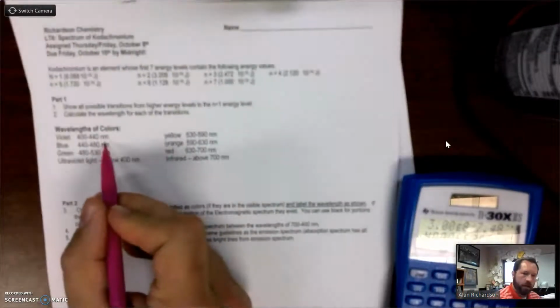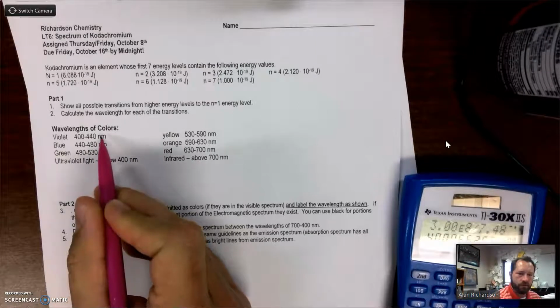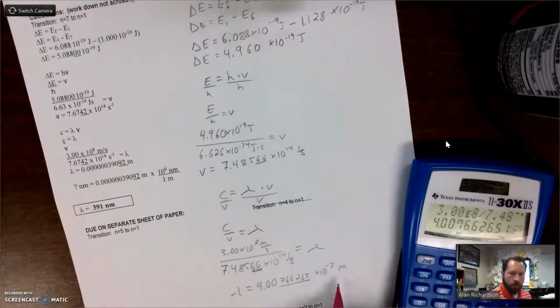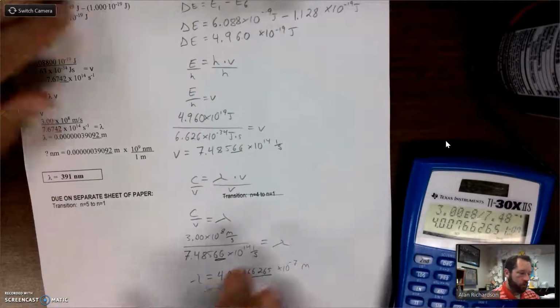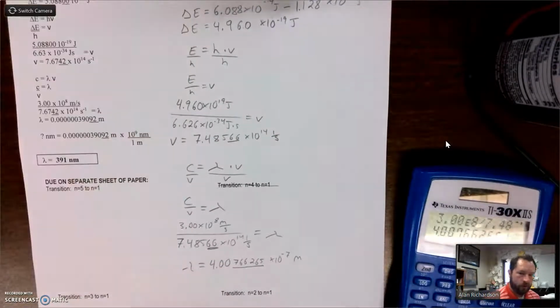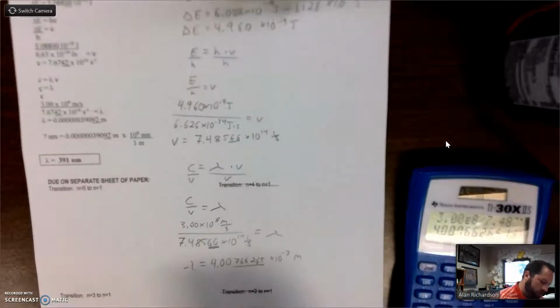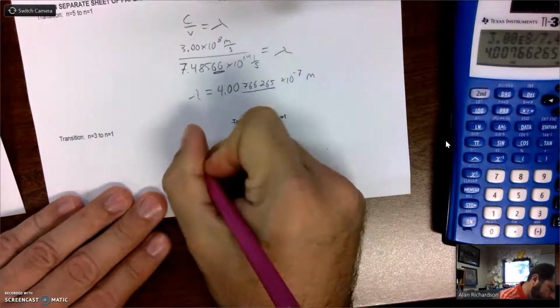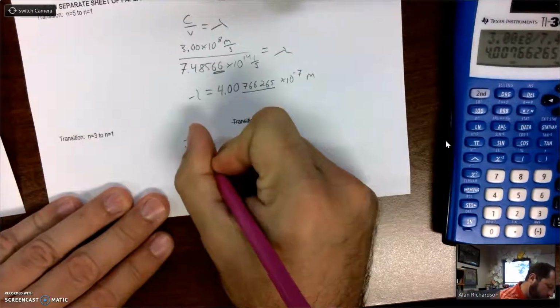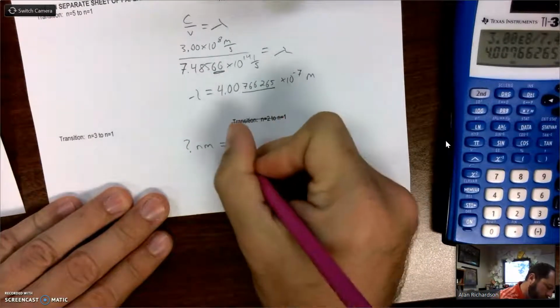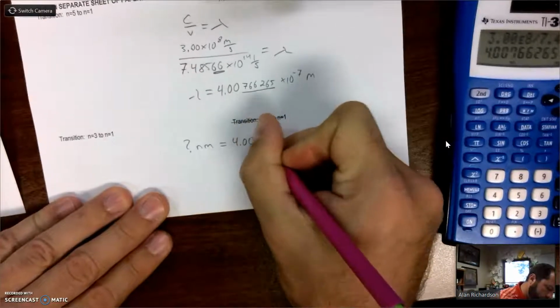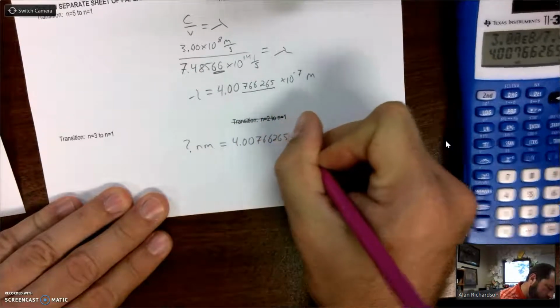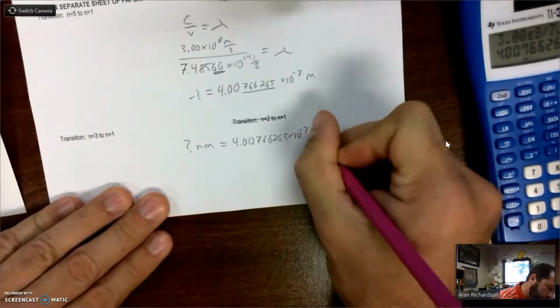Alright, final step is that we need nanometers. We have meters, so we need to convert our wavelength in meters to a wavelength in nanometers. This goes back to the factor label that we did at the beginning of the year. How many nanometers are equal to 4.00766265 times 10 to the negative 7th meters?